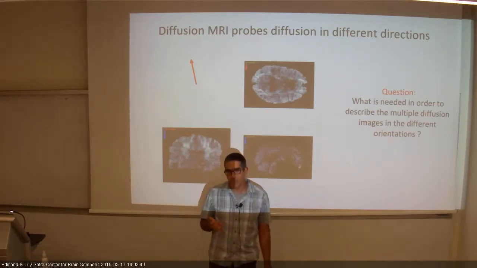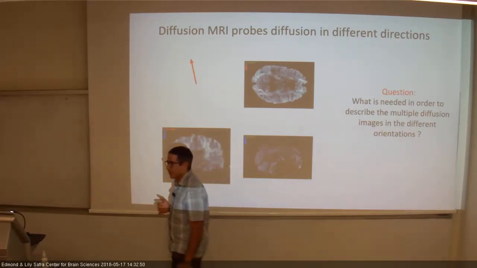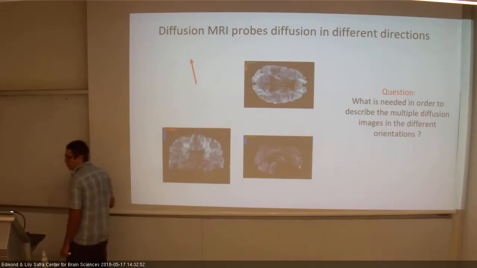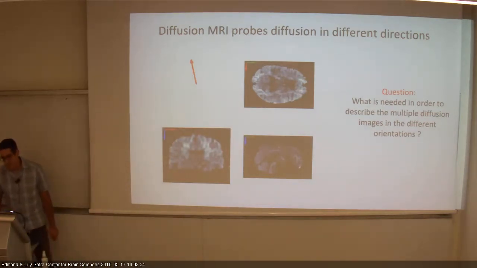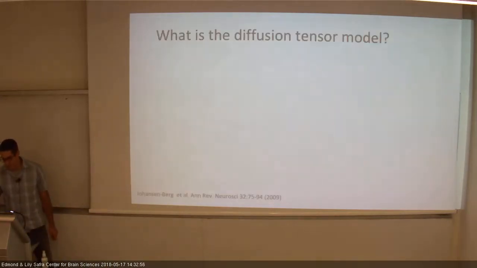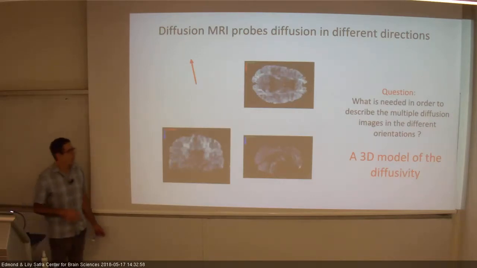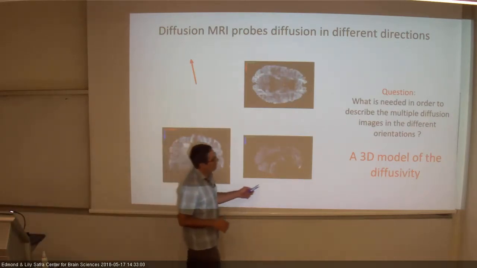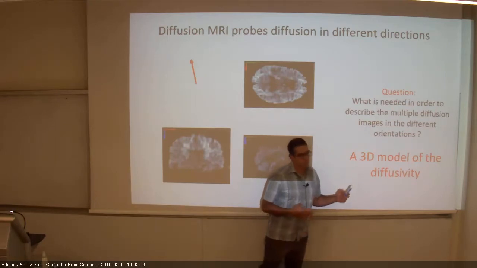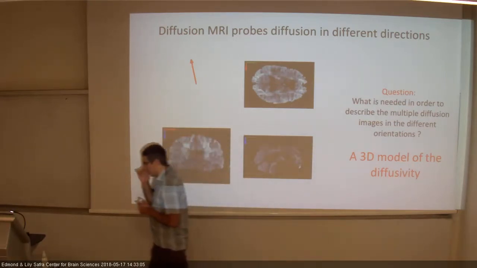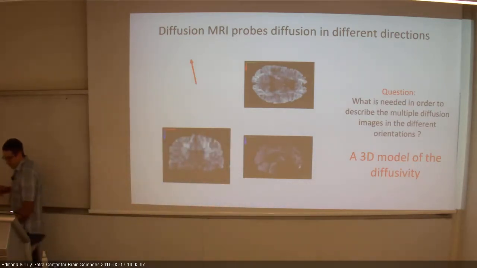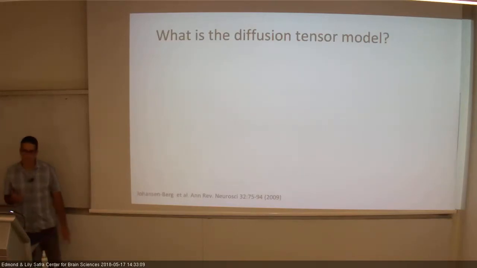Average is one; you might do slightly more than that. Try to do summary statistics of all those measurements, so we need a 3D model for the diffusivity, right? That's going to be our next move, and the tensor model is basically that.